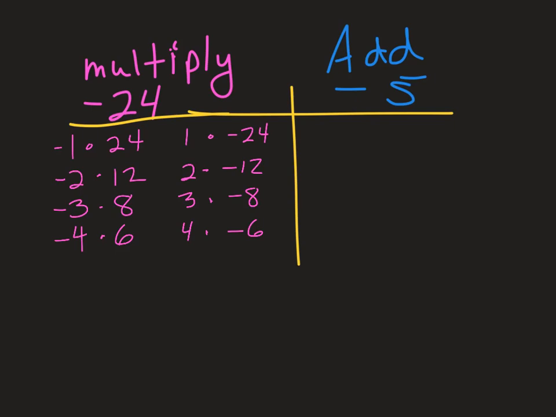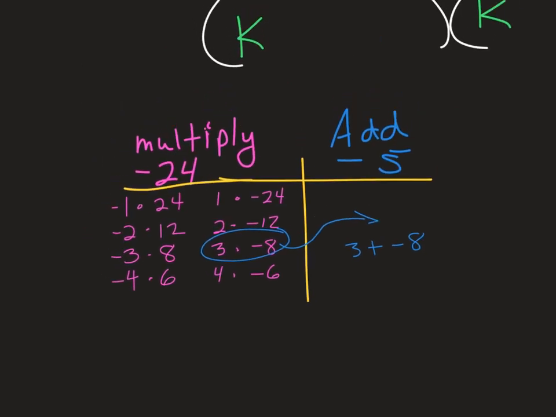So there are actually 6 different possibilities of combinations of numbers that you can multiply together to get a negative 24. Now, which one of those adds to negative 5? Ding, ding, ding. This would be it right here. 3 plus negative 8 are the two numbers that you would put in there.